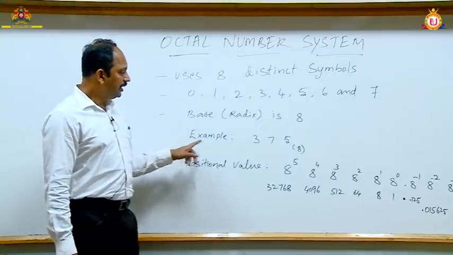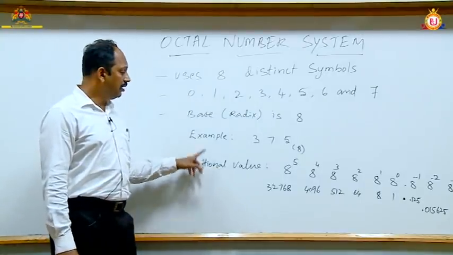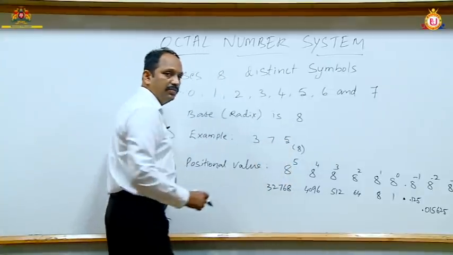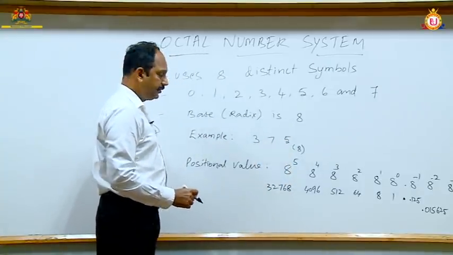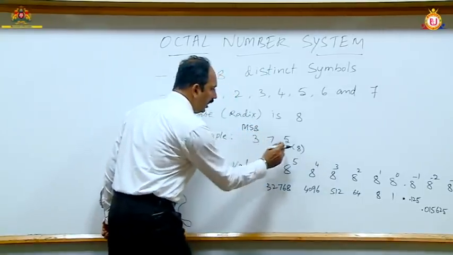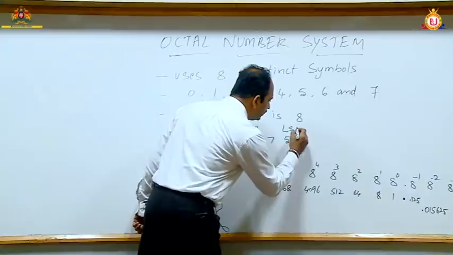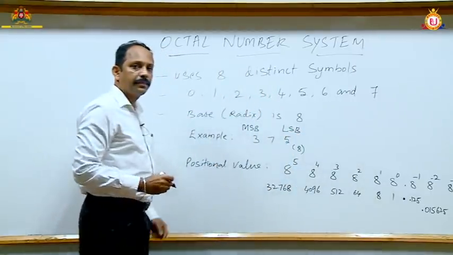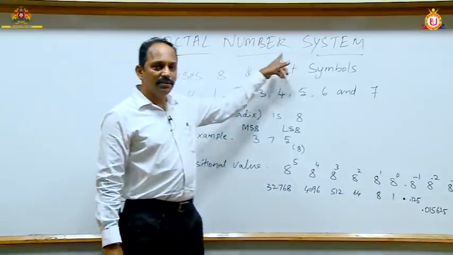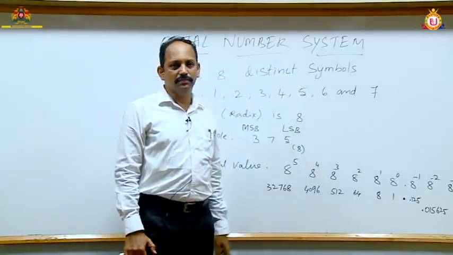Now, what are the positional values in the octal number? In this 375, which one is the most significant digit? The 3 is the most significant digit and 5 is the least significant digit. The same principle goes because octal number system is also a positional number system.